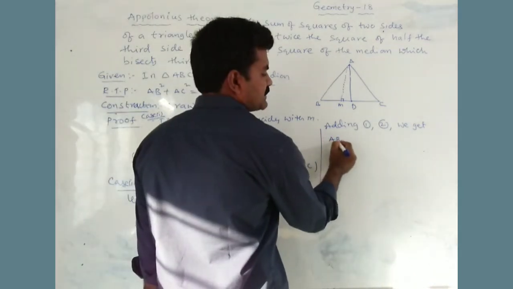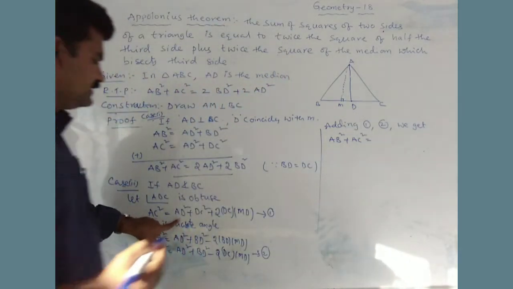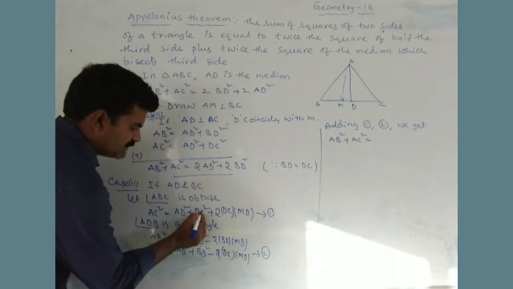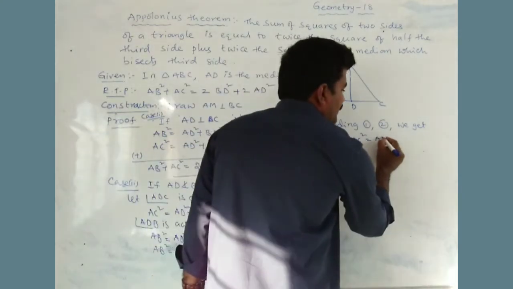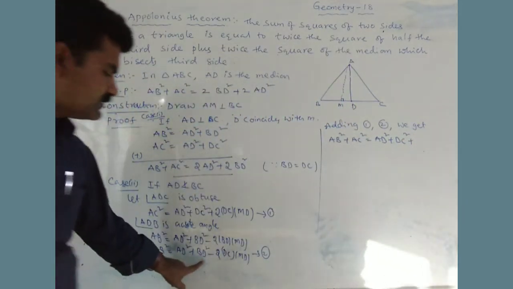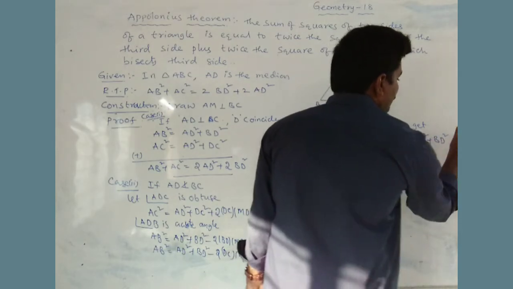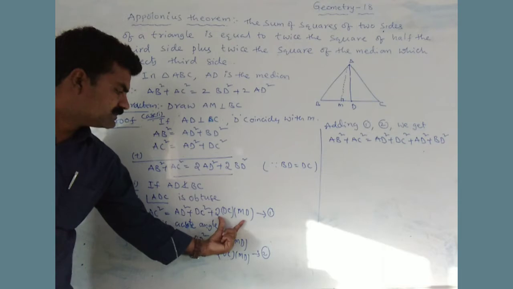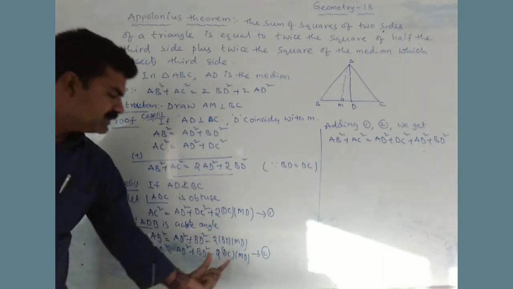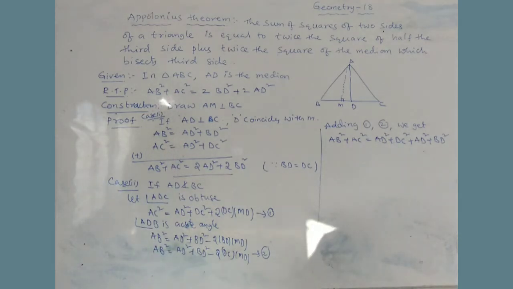I can also write it as AB square plus AC square is equal to AD square plus DC square plus AD square plus BD square, and the plus 2 into DC into MD and minus 2 into DC into MD get cancelled.